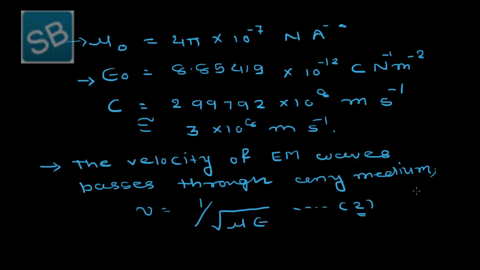So this is the second equation in this particular characteristic. And here remember, mu is the permeability of the given medium and epsilon is the permittivity of the medium.